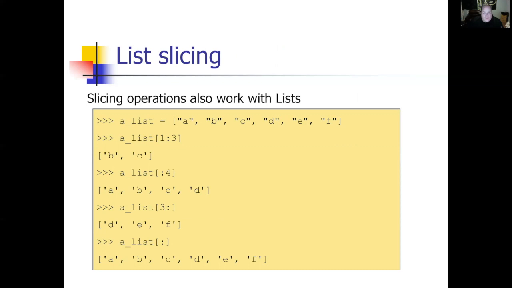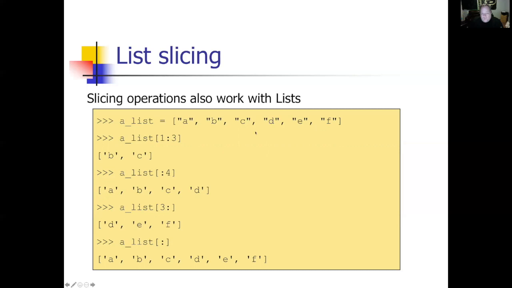Slicing, of course, works with lists, and we've looked at slicing before. So if I have this list of individual characters, A through F, in quotes, and I say A list 1:3, that's starting index 1, going up to but not including index 3, I just get B and C. Or from the beginning up to 4, I get A, B, C, and D, that's index 0, 1, 2, 3.